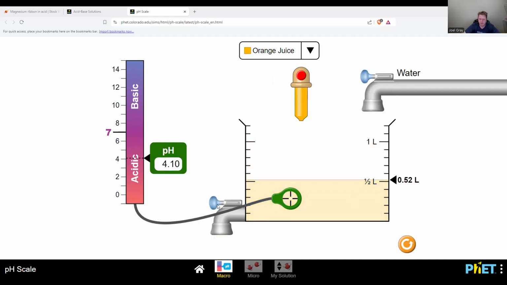So right now, if my math is correct, I drank 1/2 liter of orange juice, and I now drank 1 liter of water, 1.5. I'm going to keep doing this until my pH is closer to neutral, or is neutral.